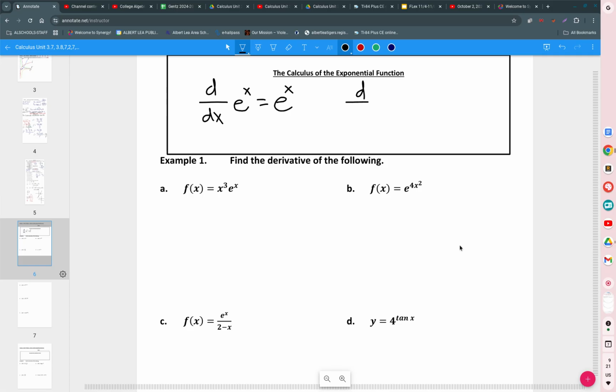Whereas if you had the derivative of something else, b to the x, meaning the base was, say, 2 or 5 or 10, then the derivative is not simply itself. It is b to the x times the natural log of the base. So that's the difference.